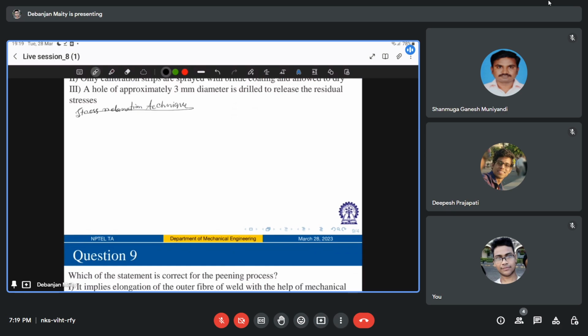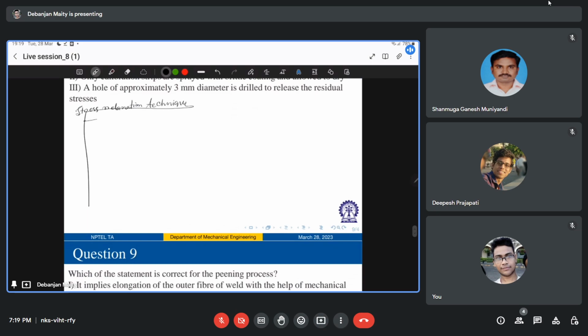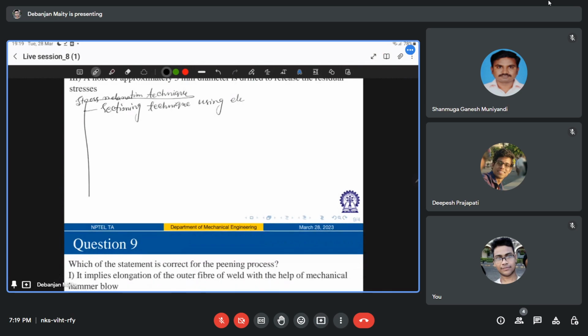Like there can be something called the sectioning technique using electric resistance strain gauge.